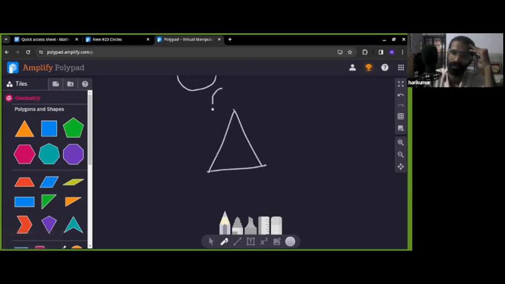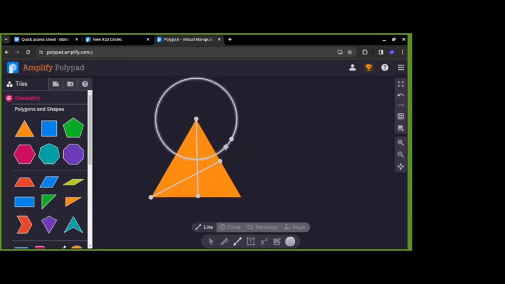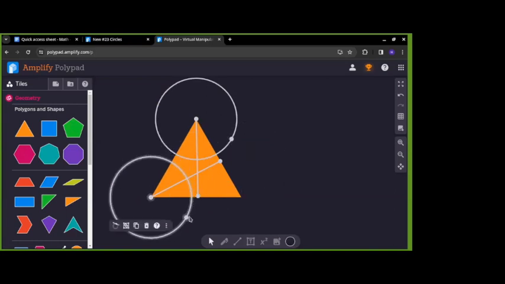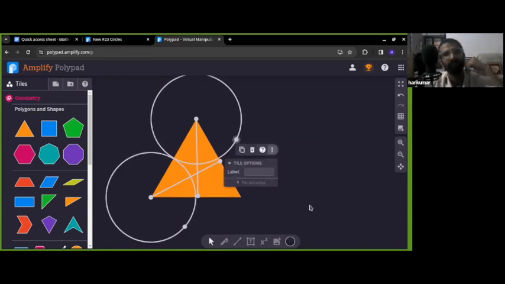First, I draw this circle. So now, can I say this is equal to this?